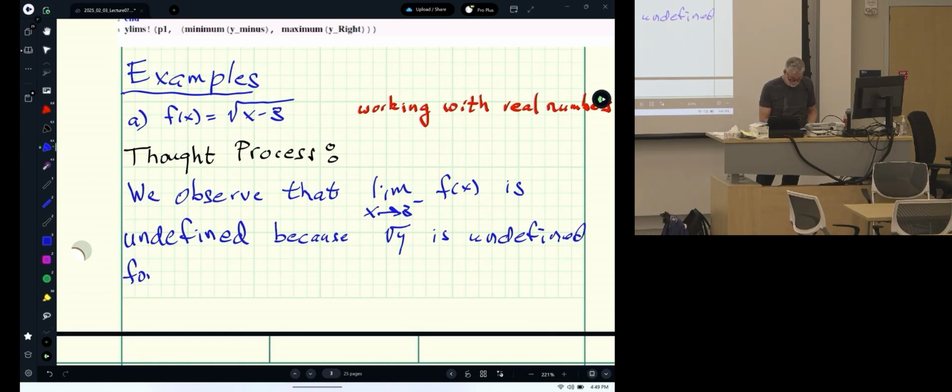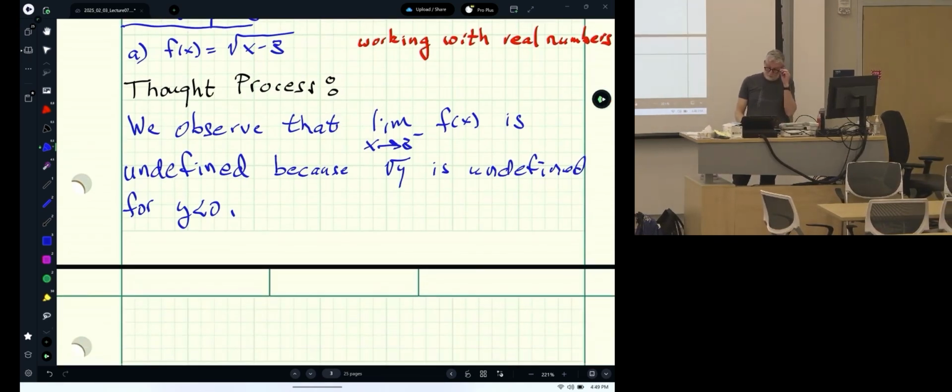Okay, so that's, once again, working with real numbers. If you want to allow the imaginary unit, then we can do negatives and do all sorts of things, but we're not doing that. Okay, so it's working with real numbers.